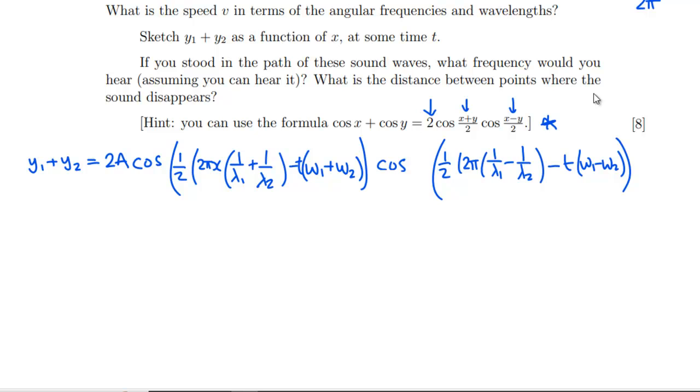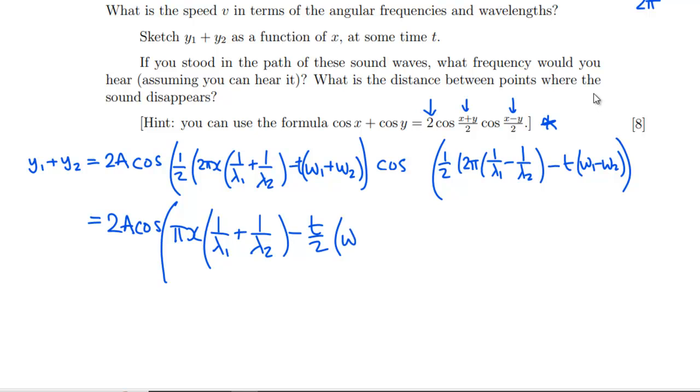But first of all, let's simplify a few things. There's not much we're going to simplify, but I'm thinking about this 2, this half we've got sitting around. So in this, we can cancel those and get pi times x times 1 over lambda 1 plus 1 over lambda 2, and then minus t over 2 times omega 1 plus omega 2.